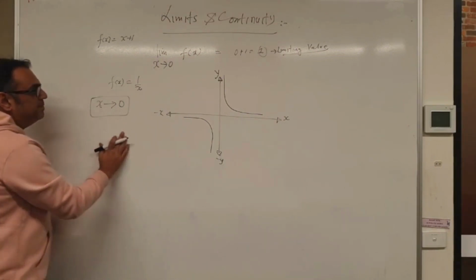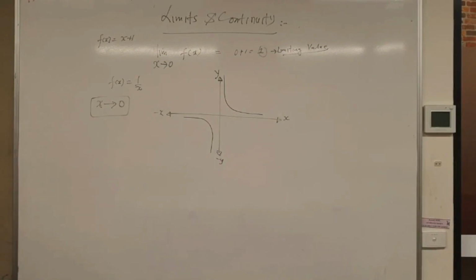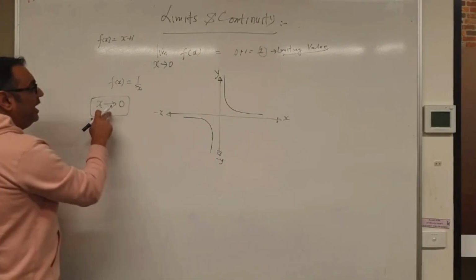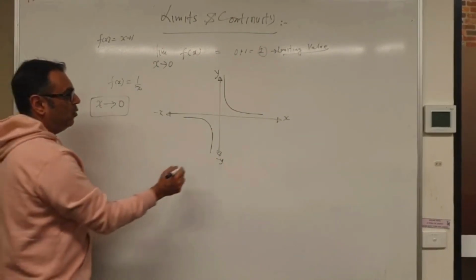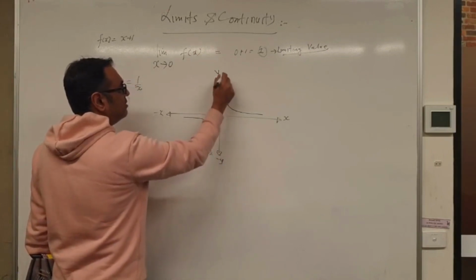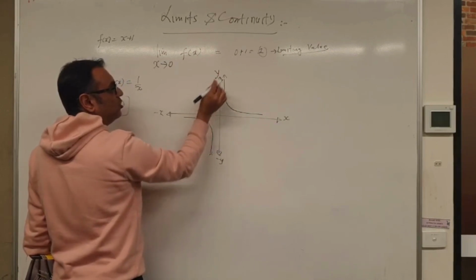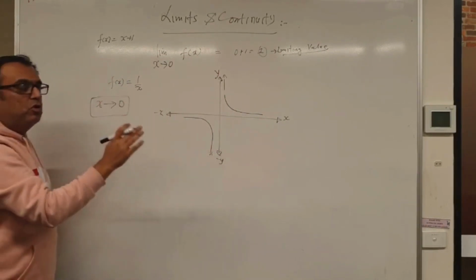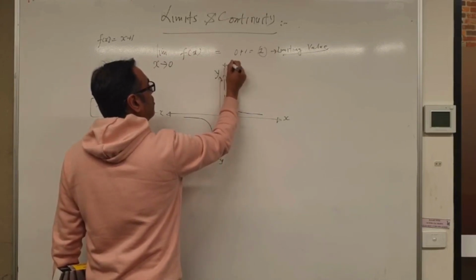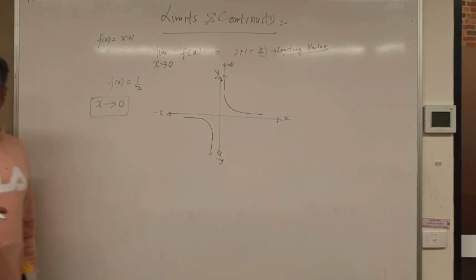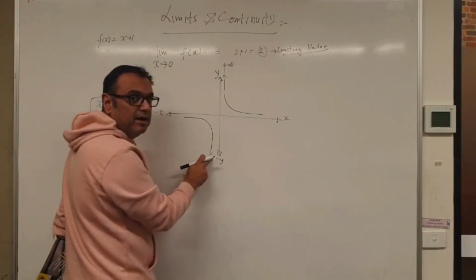Now, you see, the challenge in this particular question is x is approaching 0 from two sides. One is here and the other one's here, right? So this goes on. Somewhere the gap will start to close, and obviously it will start to approach 0. So this is going towards the positive infinity of y, correct? And what is happening here?